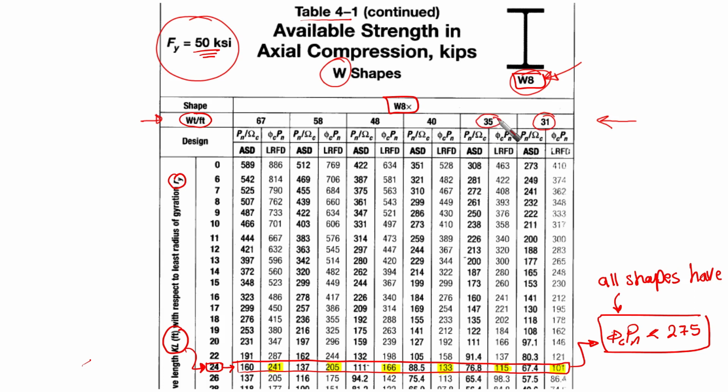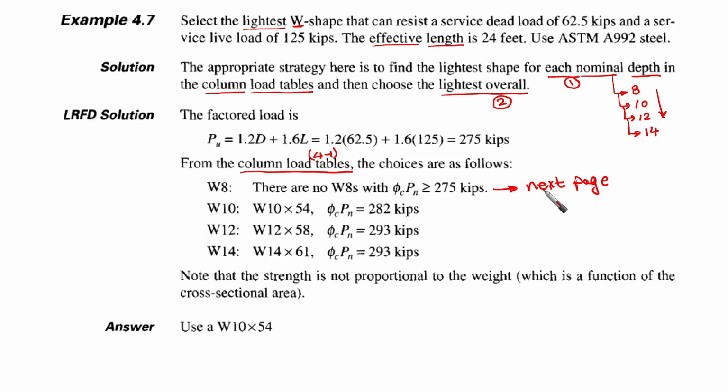After that, going left to 35, 40, 48, 58, 67, right? Then for each one, start with 31. Remember that our required or ultimate load is 275, right? So if we could reach something equal to 275 or more, then it's okay. Less is not acceptable.